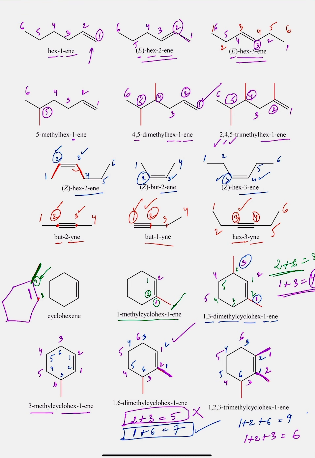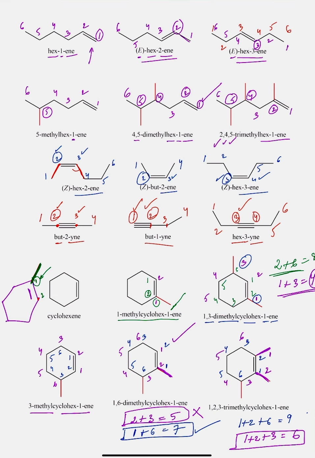But here we don't have that problem. We have a methyl group on both the carbons, so here we go by the lowest sum rule, which is 6 here. So the purple numbering is correct, and according to the purple numbering, what is the name of the compound? It's trimethylcyclohexene, because there are 3 methyl groups and the numbers are 1, 2, 3, not 1, 2, 6. So the purple numbering is correct.